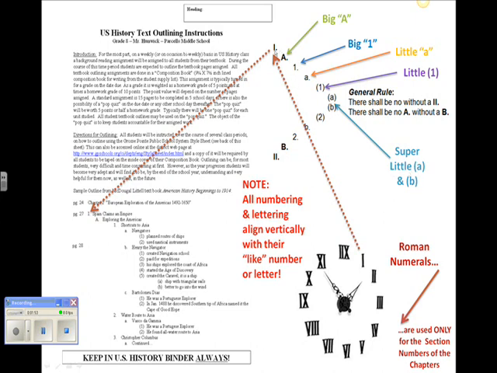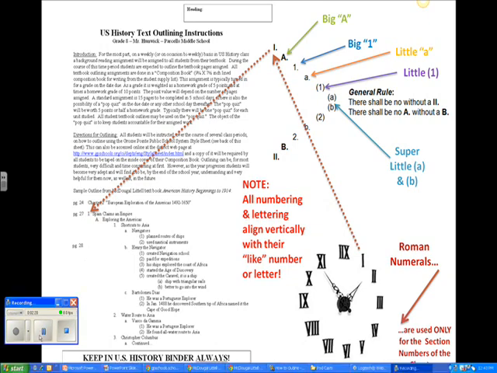Please note, whenever we use these items, they line up directly below each other. Roman numerals are directly below Roman numerals, big letters directly below big letters, big numbers below big numbers, little letters below little letters, little numbers below little numbers, and super little letters under super little letters. These terms will be utilized throughout, so it will be important for us to understand that.